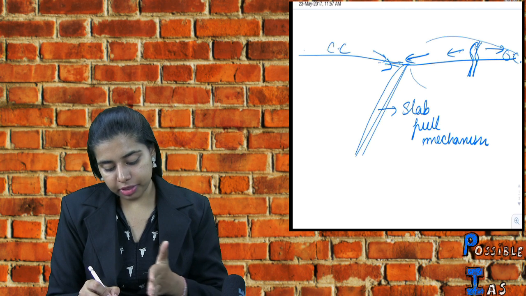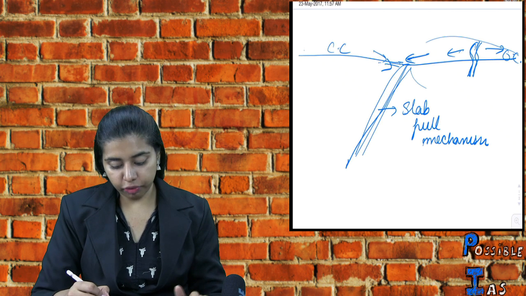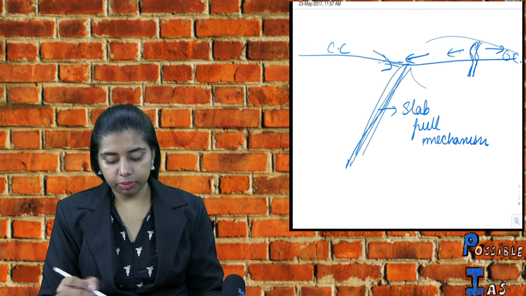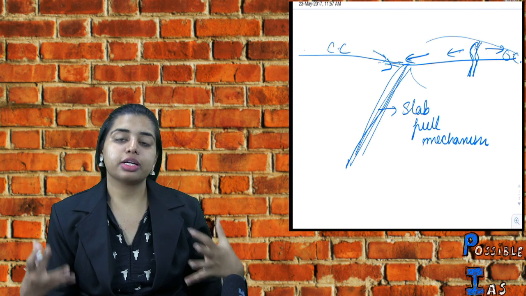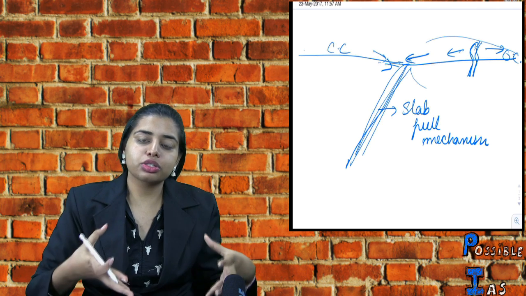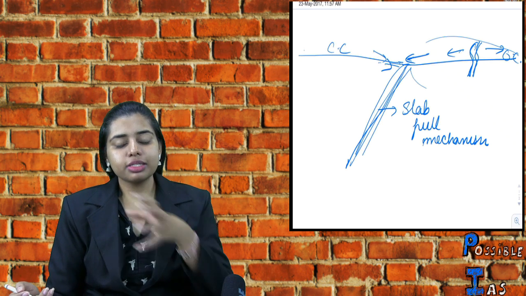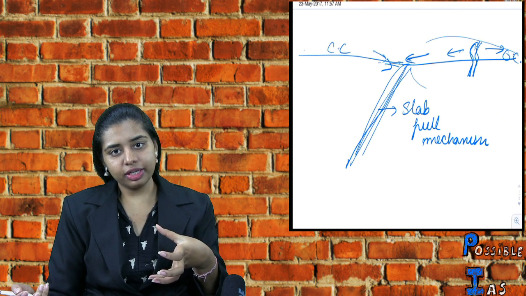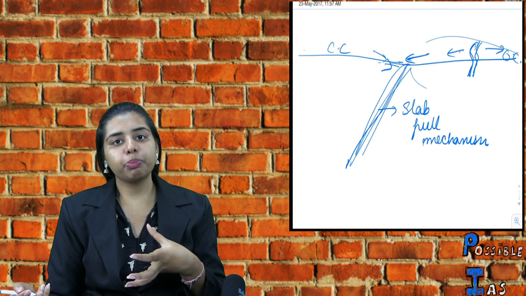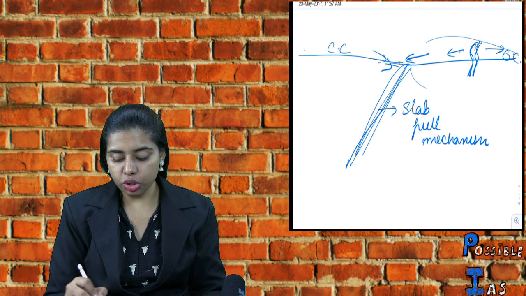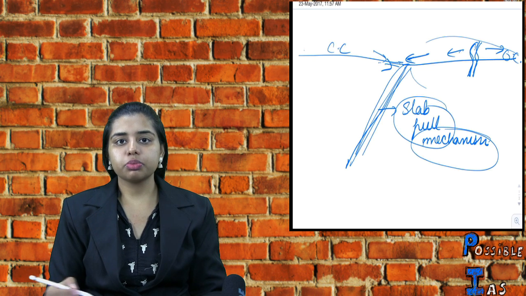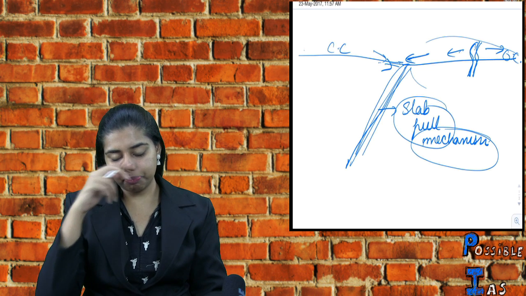So this slab is moving down from below the continental crust. It is so dense and so thick that it wants to drag the rest of the slab with it. So it's trying to pull the rest of the slab with it. So that is known as slab pull mechanism. This is the most important force, that is known as the slab pull mechanism.